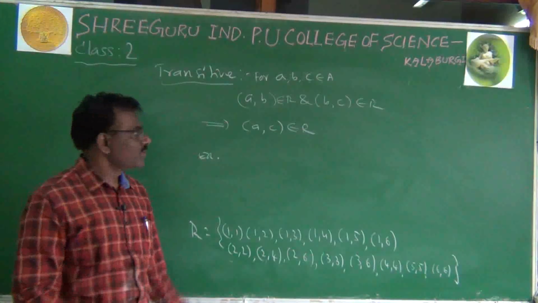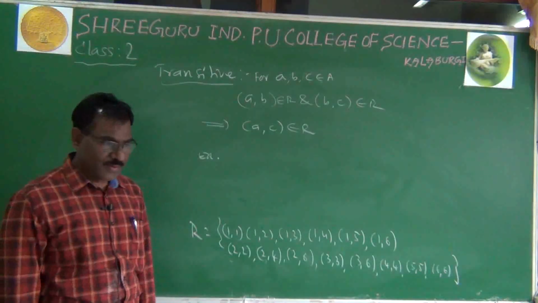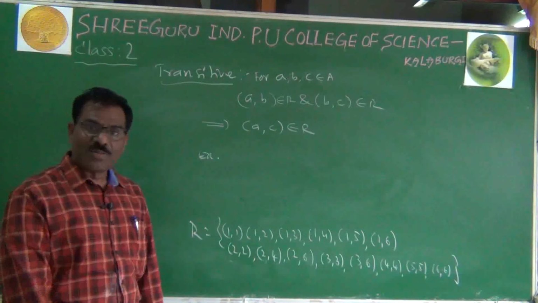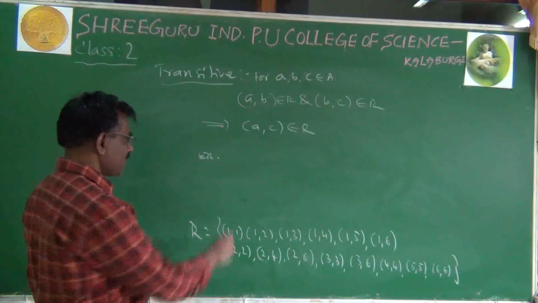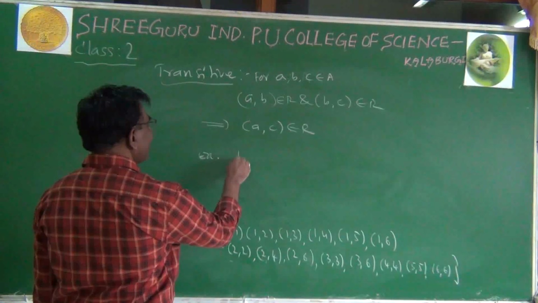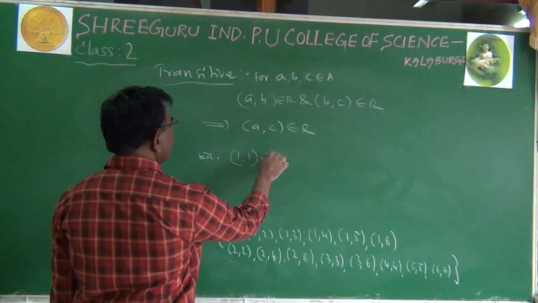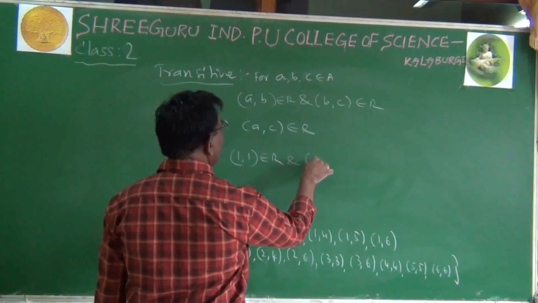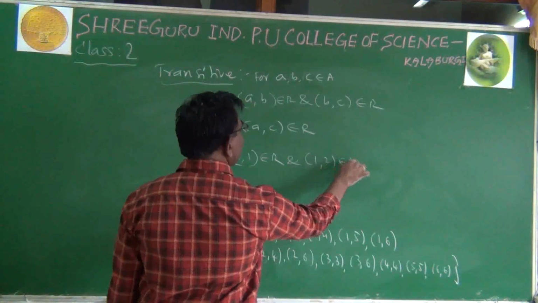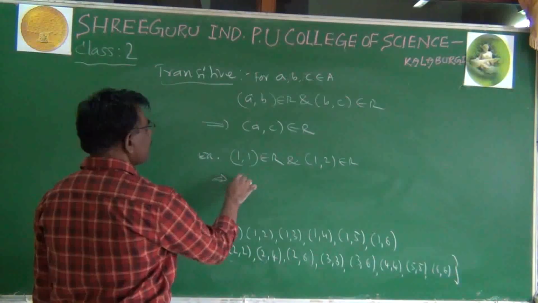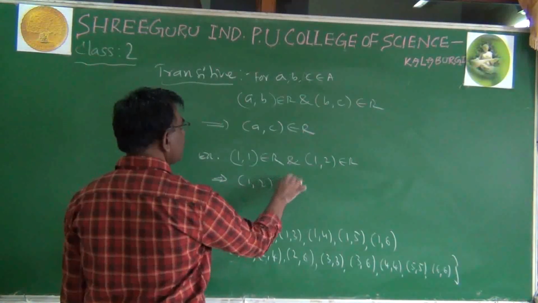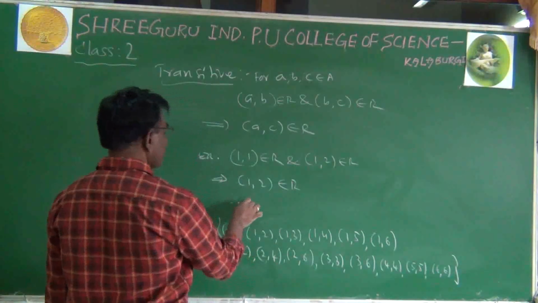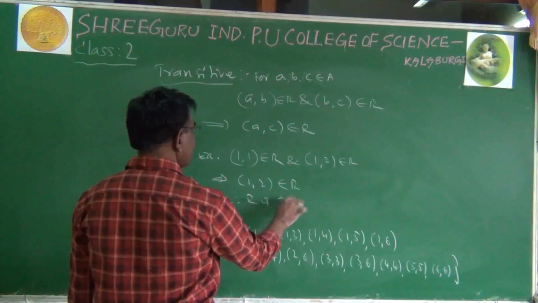Otherwise, whatever you take, you are not satisfied. I am telling you this is an okay example. Even if you take one example, no problem. For example, 1 comma 1 belongs to R and 1 comma 2 belongs to R, it implies 1 comma 2 belongs to R. Therefore, R is transitive.